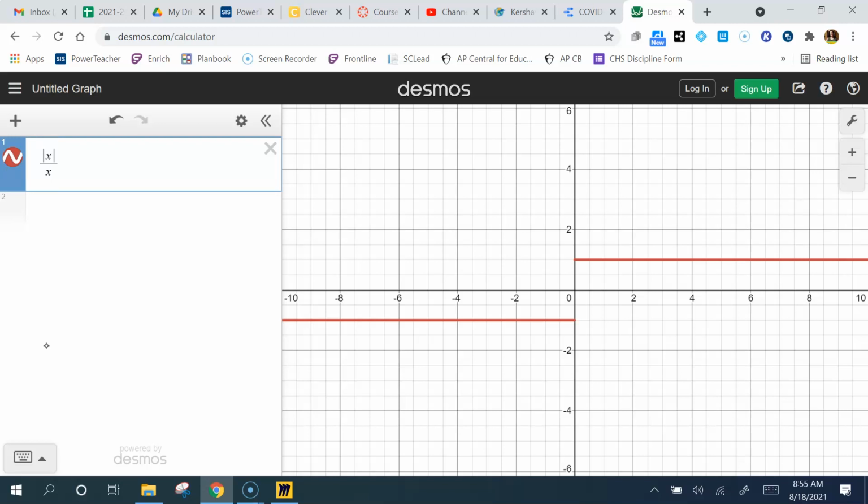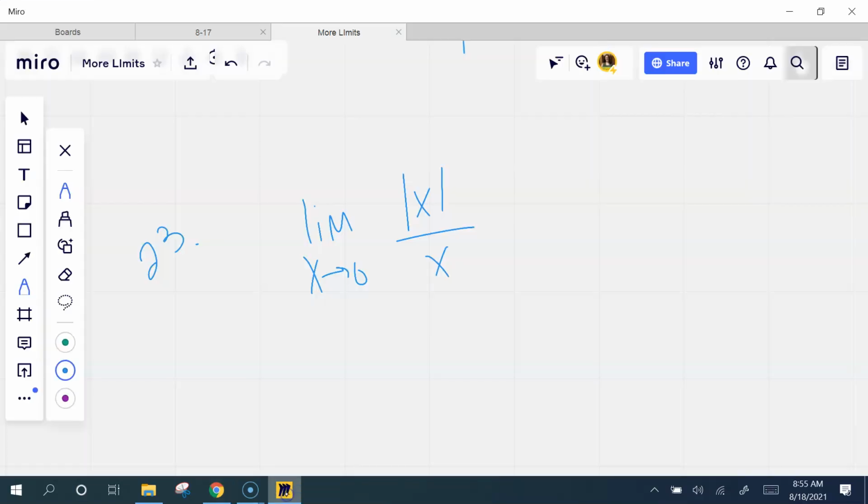So make it positive. It flips all the negatives to positive. Do zoom 6, so you've got a standard window.